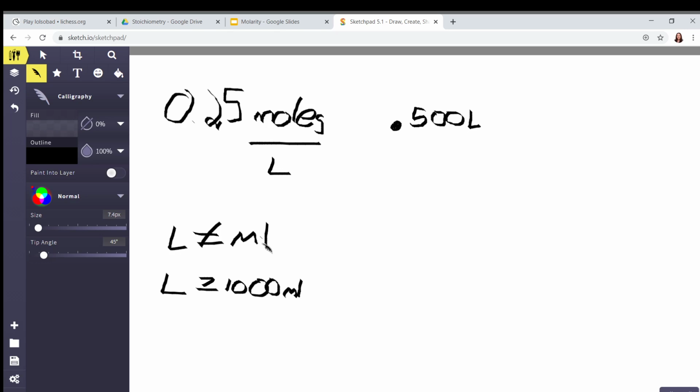So you see what I did there? I essentially said, well, we have 500 milliliters instead of 1,000, therefore to turn it into liters, it would be 0.500 liters. This now is going to give us the moles that we're looking for, and we know it's going to give us moles because our liters is going to cancel out here.